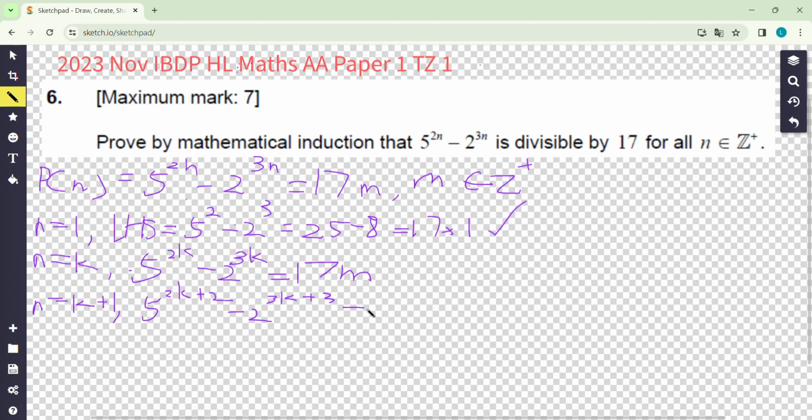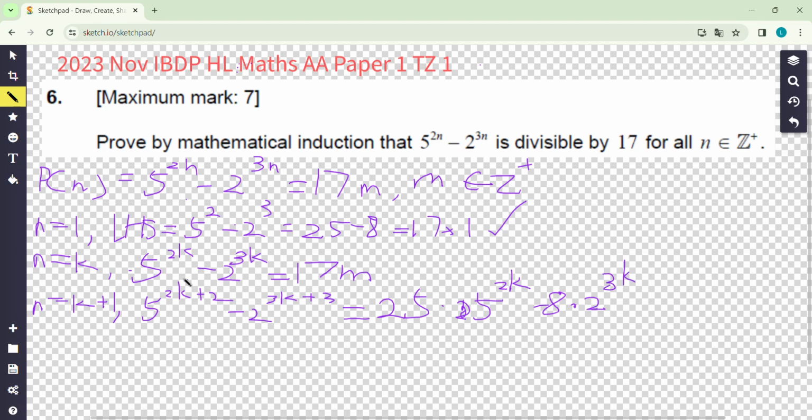That is the left hand side, and then expand it, making it 5 to the 2k and 2 to the 3k. Okay, so it's 25 times 5 to the 2k minus 8 times 2 to the 3k.